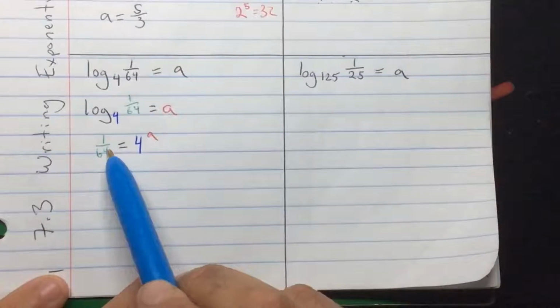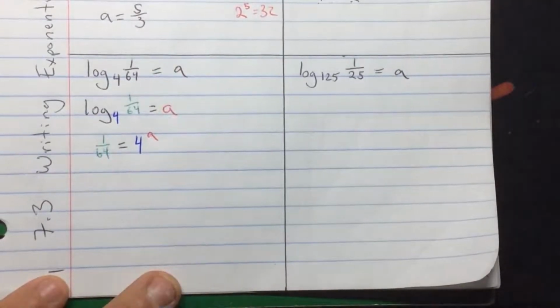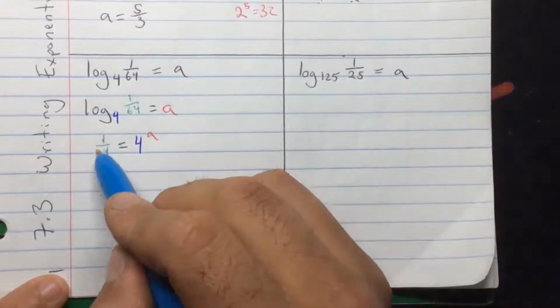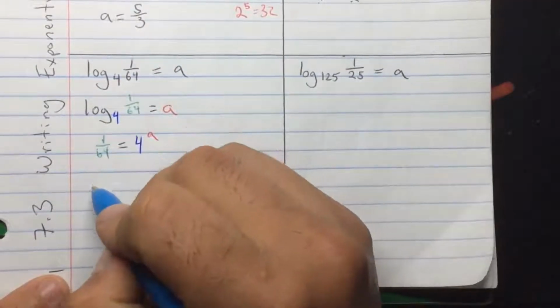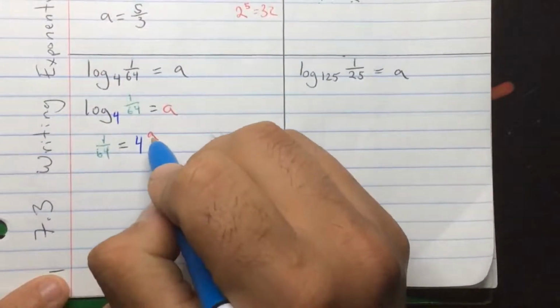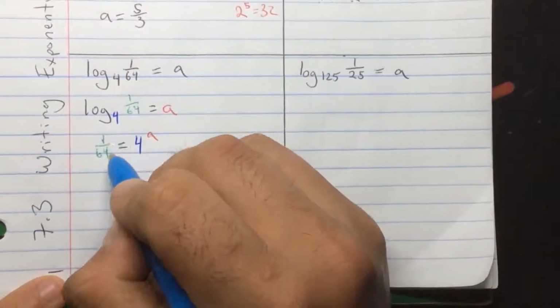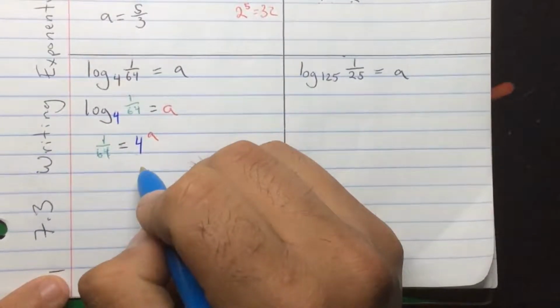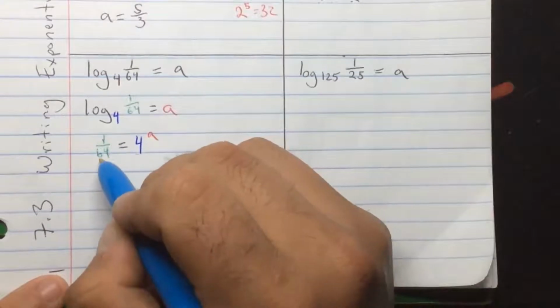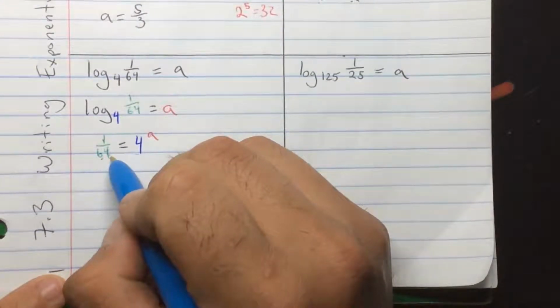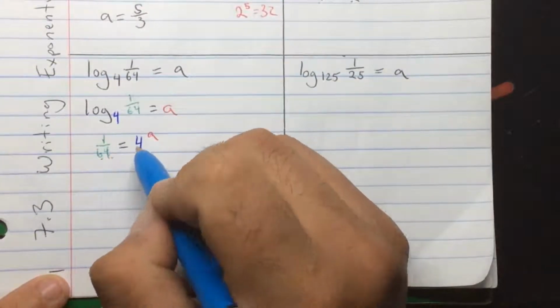It shouldn't be too bad, because you should already know that to get 1 over a number, all we have to do is raise to a negative power, and it would make the reciprocal, which would be 4 over 1, so it would be 1 over 4.